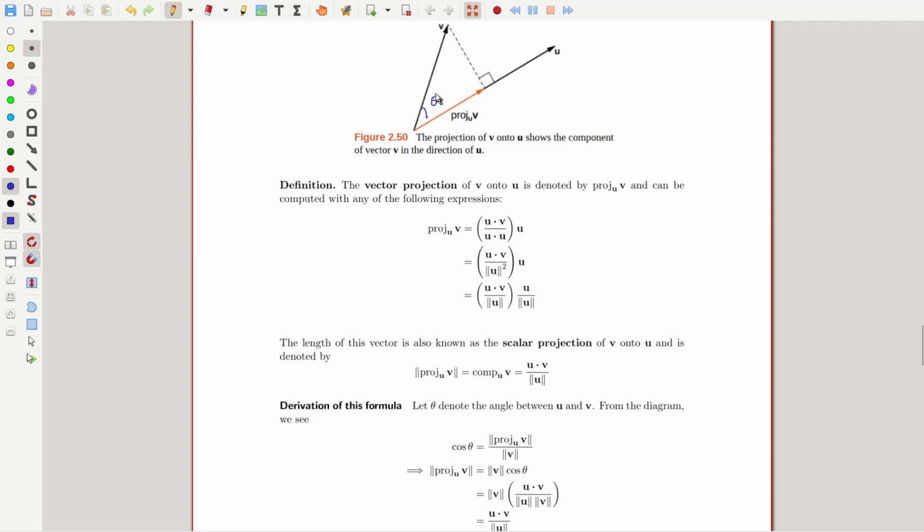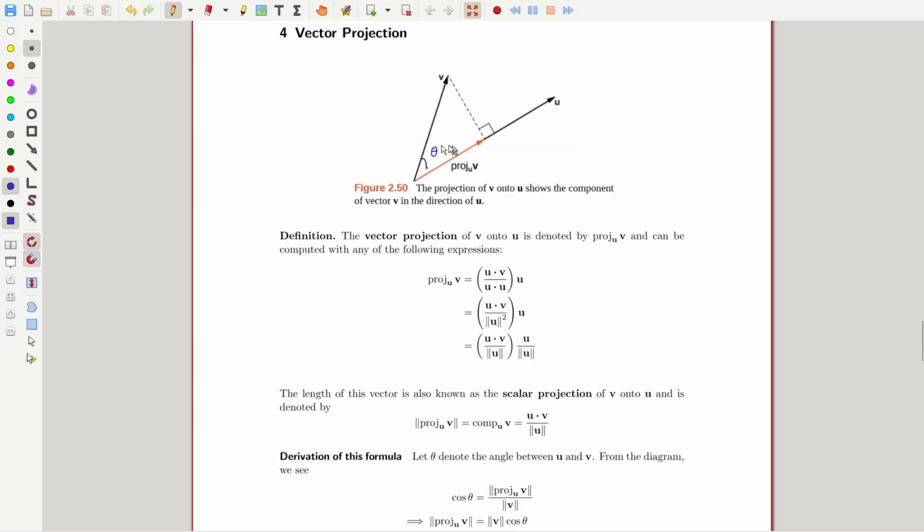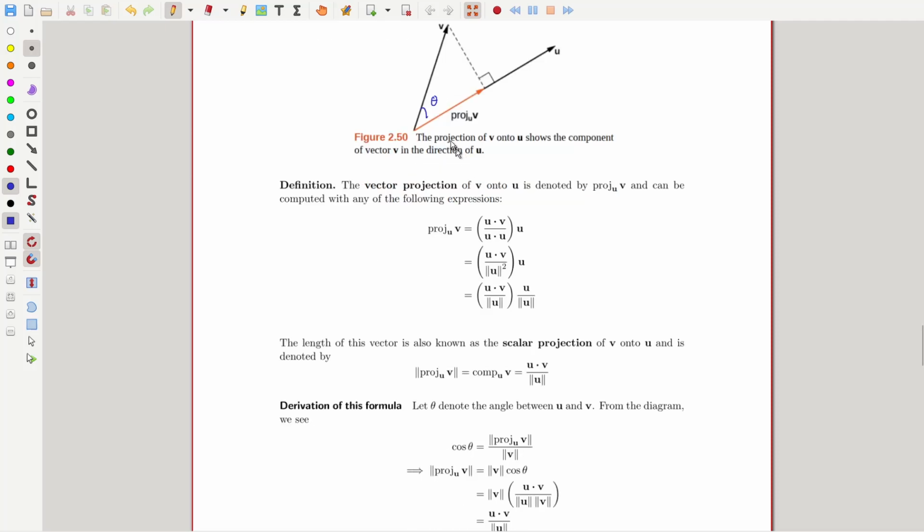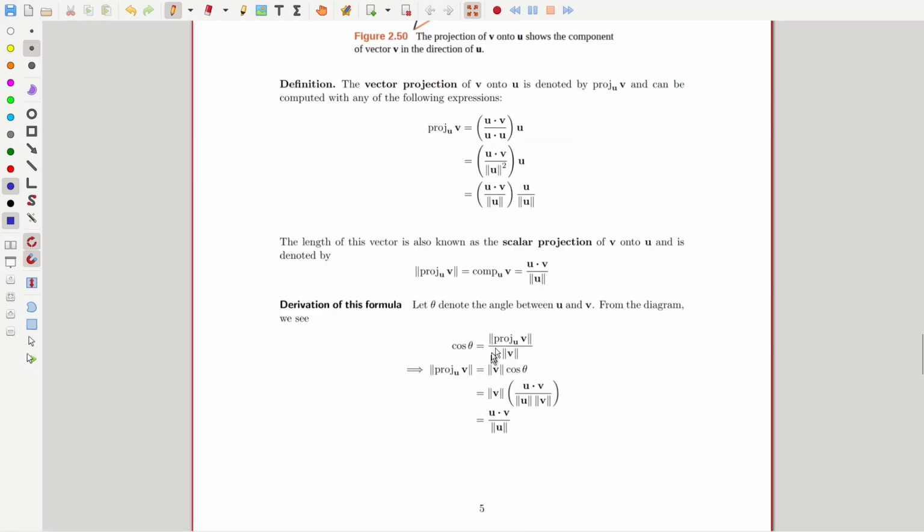We know that cosine of theta is equal to the length of this side divided by the length of this side. The lengths of these sides are going to be the magnitudes of those vectors. So that's how we start with this equation: cosine of theta is magnitude of the projection over the magnitude of v. Rearranging, we get this equation.